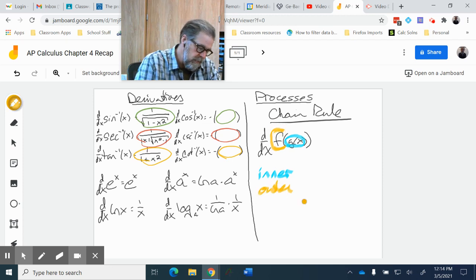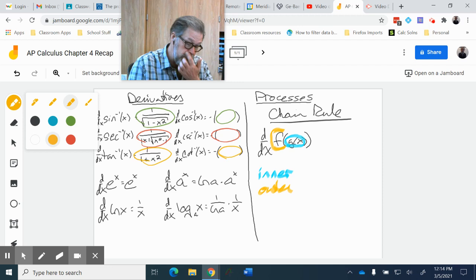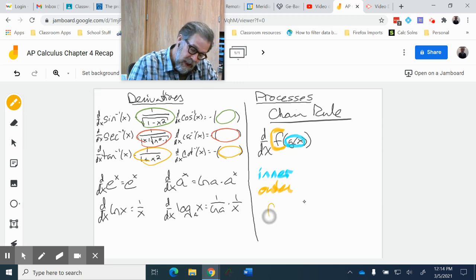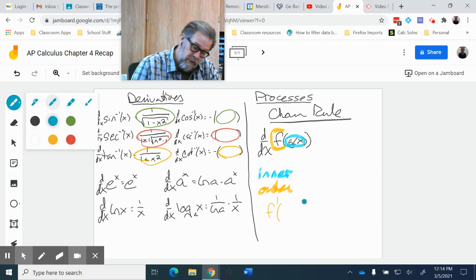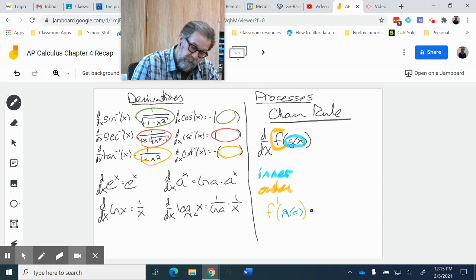And the derivative of this is always just the outer, f prime of, and I've got to remember I want to leave that inner function alone, times the derivative of the inner function.